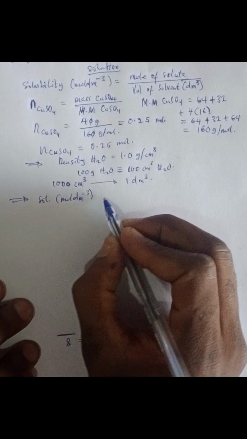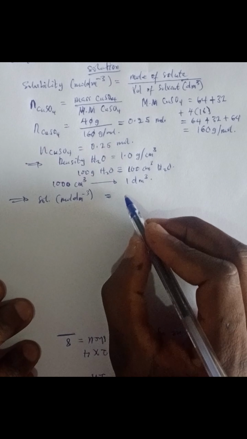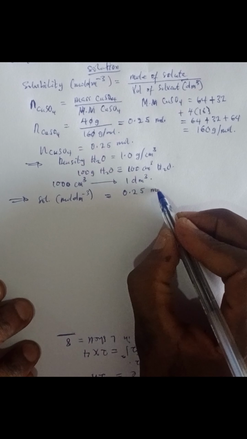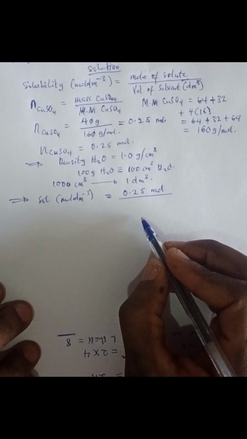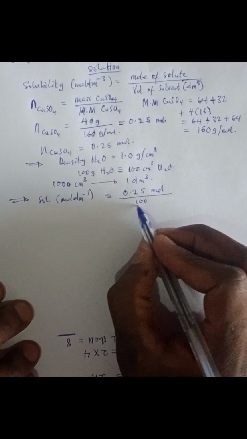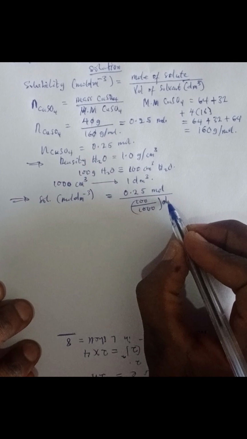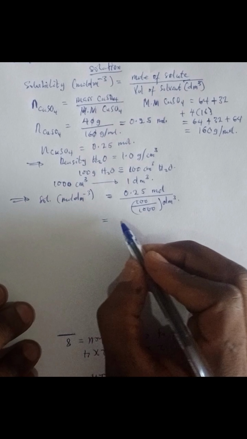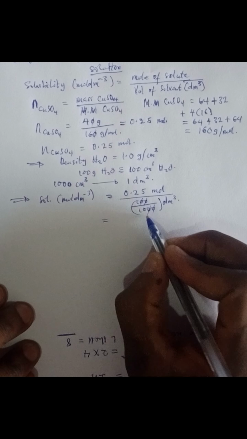Now finally, our solubility in mole per dm cube of our solute will be equal to the mole of the solute, which is 0.25 mole of copper sulfate, divided by 100 all over 1000 in dm cube. Amazing, right? So what will happen? 0 cancels 0 here, 0 cancels 0 here.